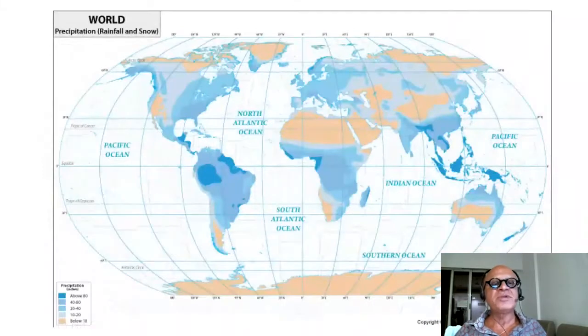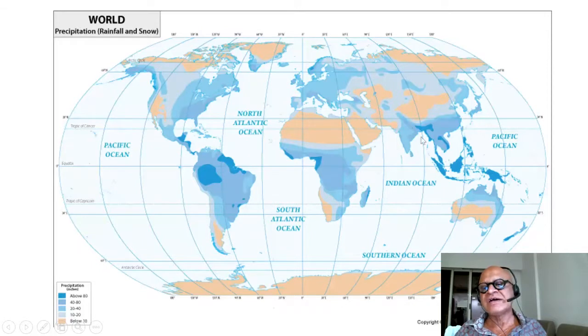This is the precipitation map again, and snow as well. And you can see that once you add the complications of the land distribution and the mountains, rainforests, Himalayas, Burmese mountains, and so on, the rainfall distribution becomes quite complicated or complex, and the distribution goes from above 80 millimeters.